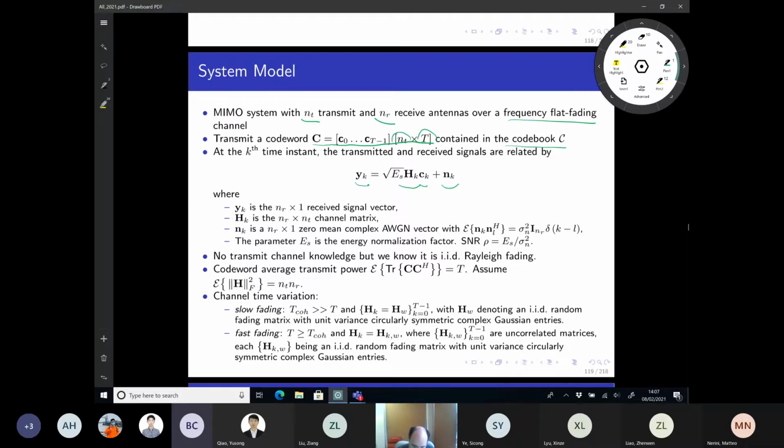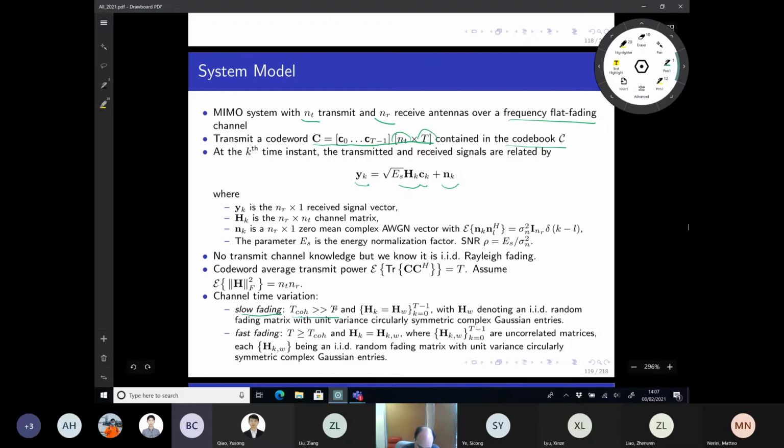And you can have different scenarios. You can have the scenario where actually Hk is very slowly varying. So that means actually Hk is a constant across that length T, right? So we could say this is a slow fading channel.